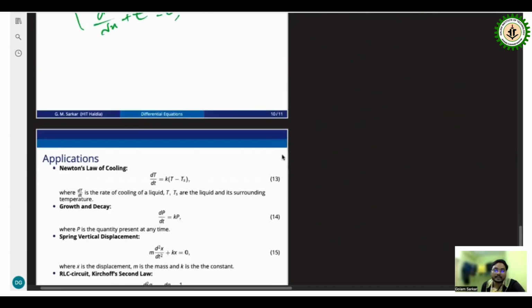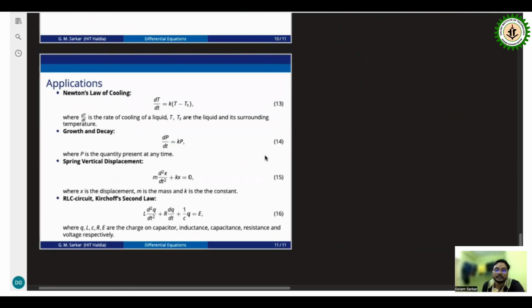Now what are the applications of differential equations? There are a lot of applications of differential equations in physics, mathematical biology, and every engineering branch. I have taken 3 or 4 examples here. First one is Newton's law of cooling. You see the expression is in the form of a differential equation.